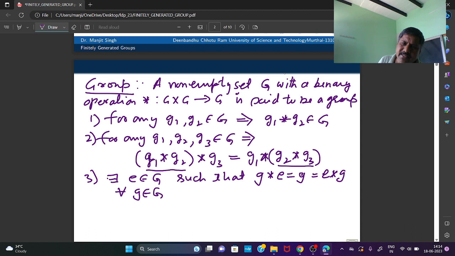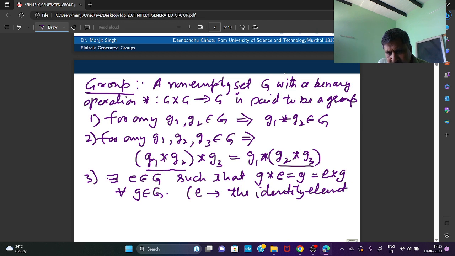When it is operated with any element of the group G, it gives no change. It can be proved that this is unique.